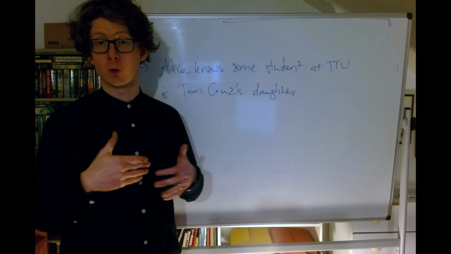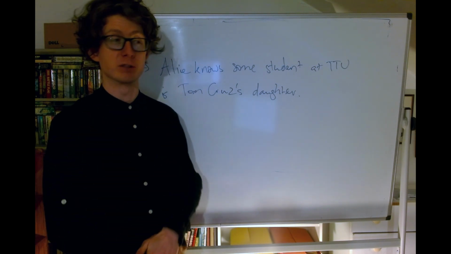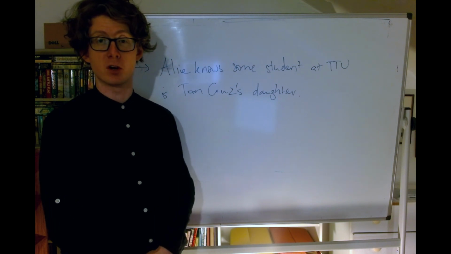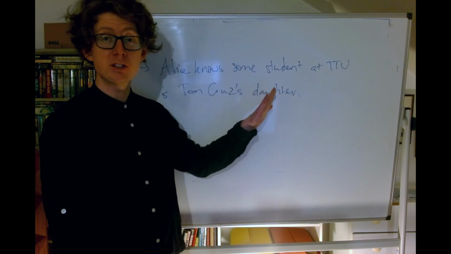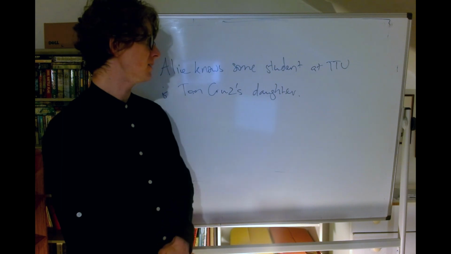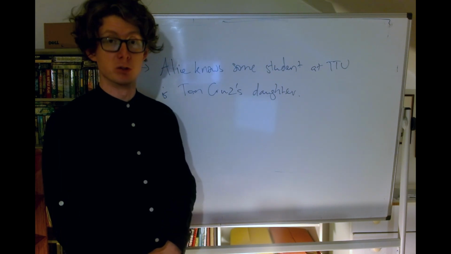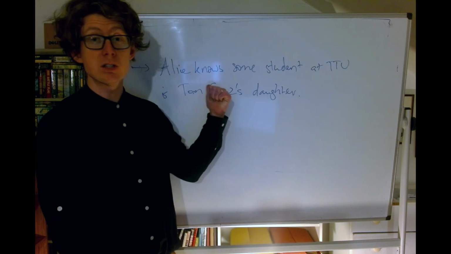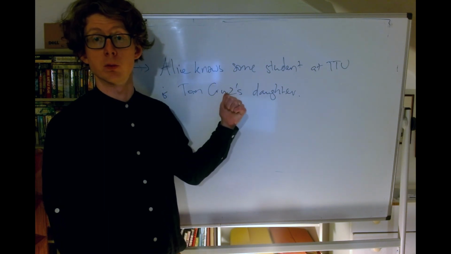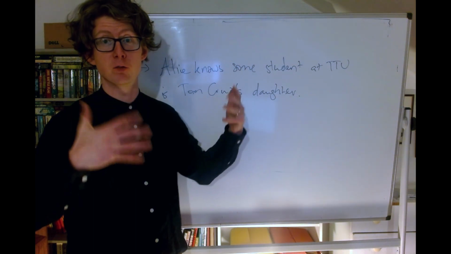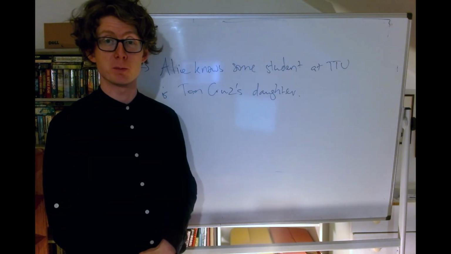Maybe we'll imagine the story, for privacy reasons, doesn't actually report the name of Tom Cruise's daughter. So Alice doesn't know exactly who that person is, but she does know that there is somebody attending the university who's Tom Cruise's daughter. So that's one way, and probably the most natural way to understand it, or probably the first kind of way to understand the sentence that might come to your mind.